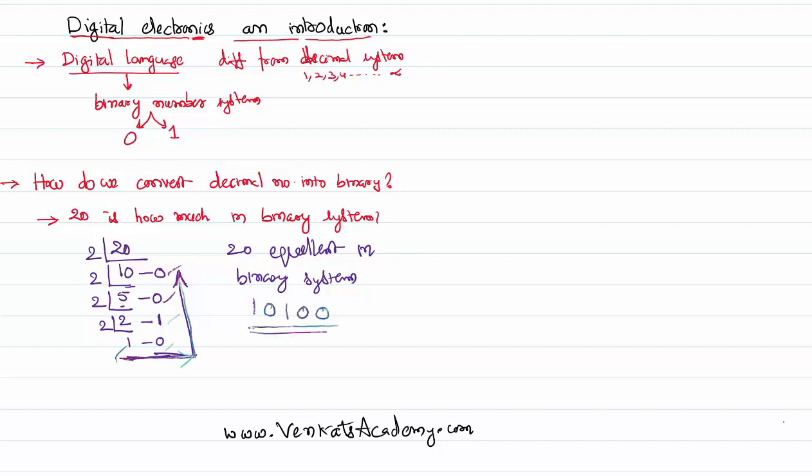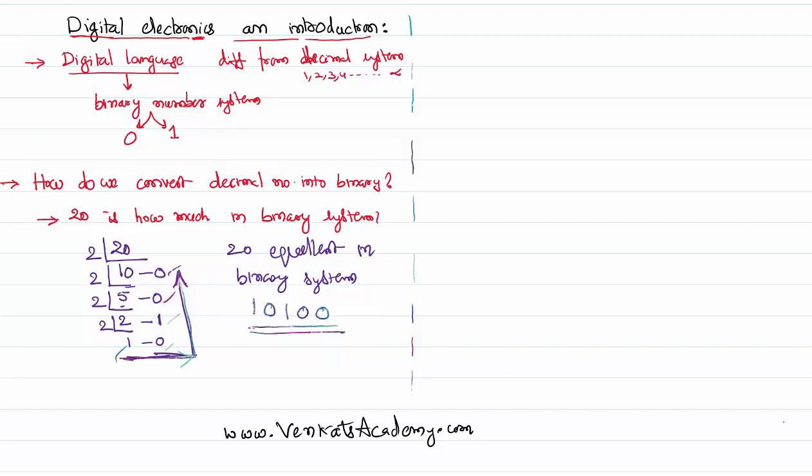So we have just converted a decimal number into a binary number. This is how the devices are going to convert any decimal information into binary information.